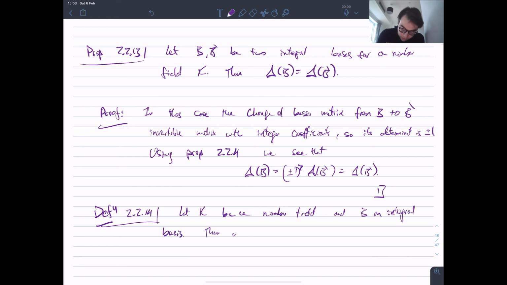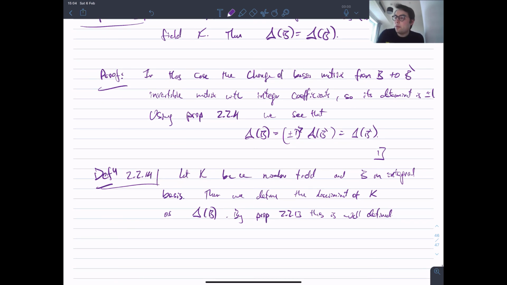Then we define the discriminant of K as the discriminant of our integral basis. By proposition 2.2.13, this is well defined, so it makes sense. It doesn't depend on our choice of integral basis.